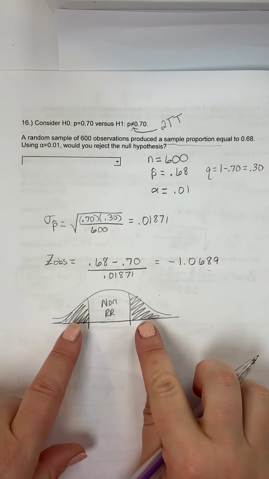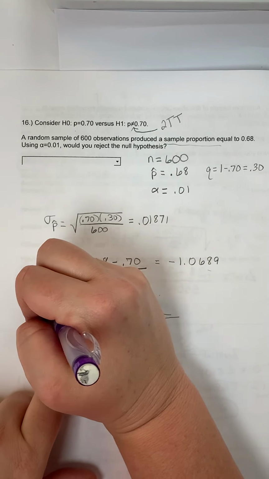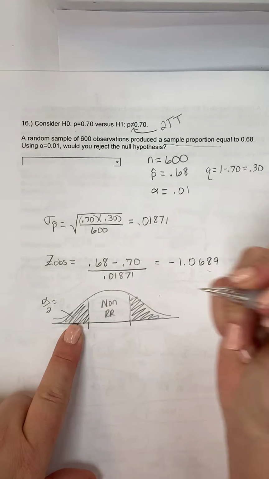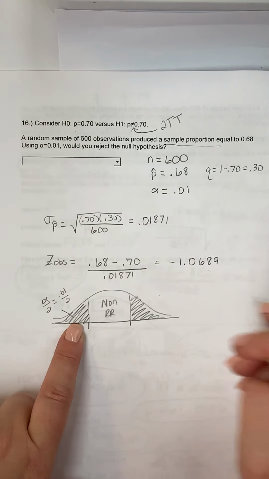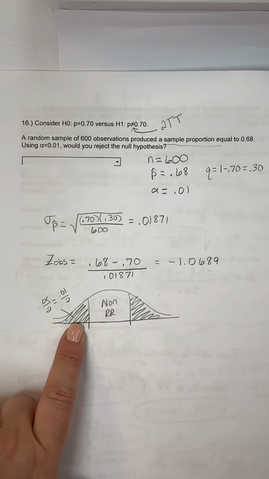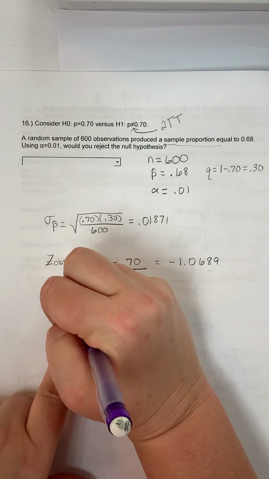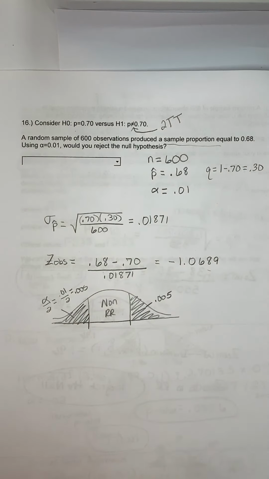For the critical value approach, these are your alphas, and since I have two of them, I have to divide alpha by 2. That gives me a rejection region of 0.005.